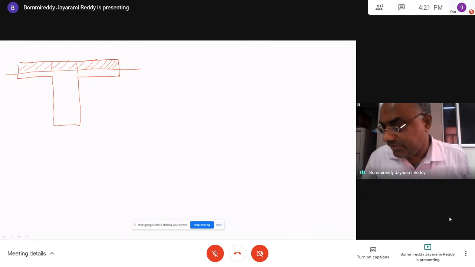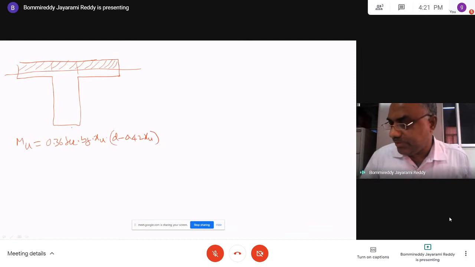In such a case, Mu will be nothing but 0.36 FCK B into XU into (D minus 0.42 XU). That means it is the same as that of a rectangular beam having width equal to BF, with no other change.